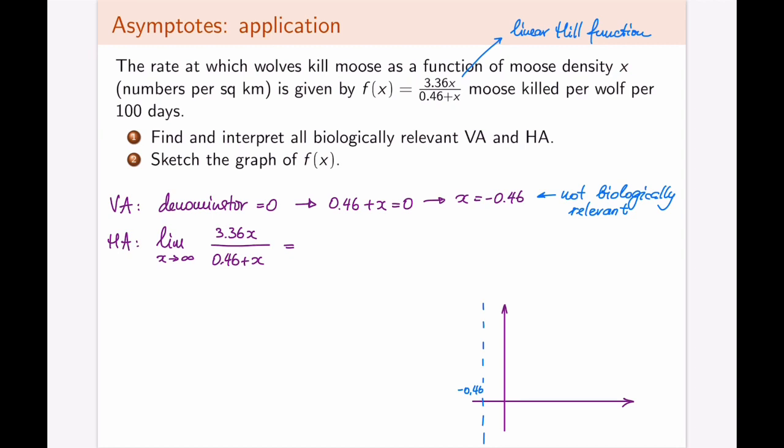Now, again, I can employ the rule that we came up with on the previous slide, or I can go through the justification of the power analysis of keeping the highest power on both the top and the bottom. On the top, I have no choice. I only have one term. On the bottom, I'm keeping the highest power term, so x. Next up, I'm going to cancel both of those x's, and overall, my limit is going to be 3.36. So what does that actually mean?